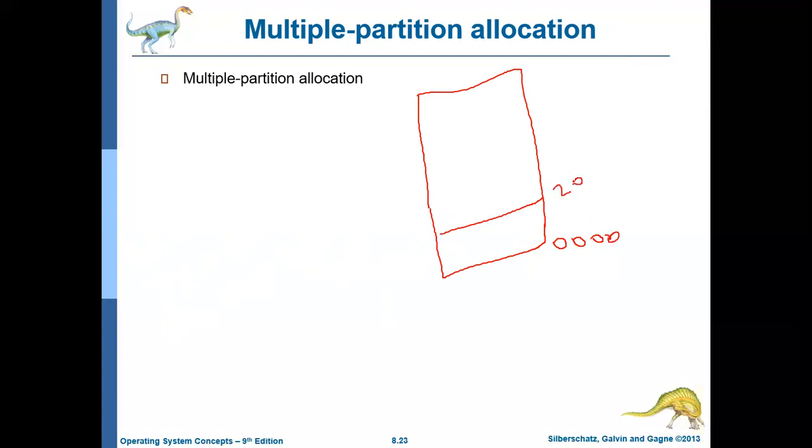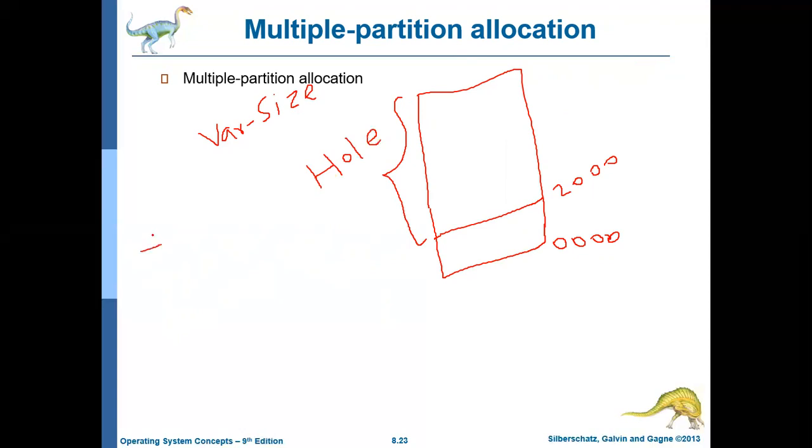In fixed size partitioning, you divide the memory into fixed size partitions. In variable size partitioning, we won't do that. Initially the entire memory will be free, and this entire free memory will be considered as one single hole. Okay, that is, when a process comes, it will just be added to the hole.